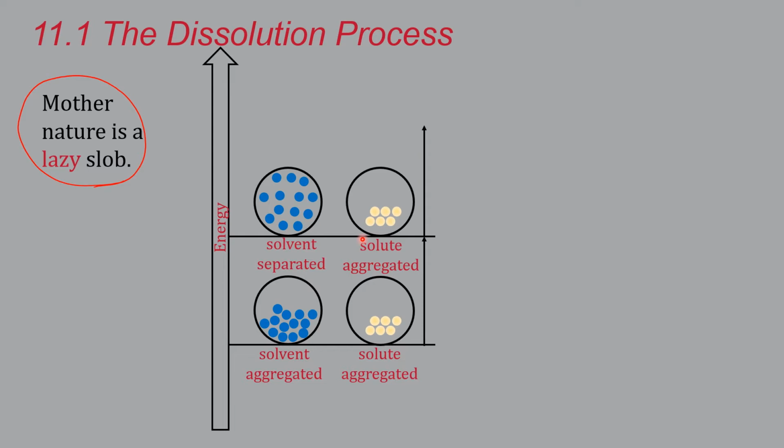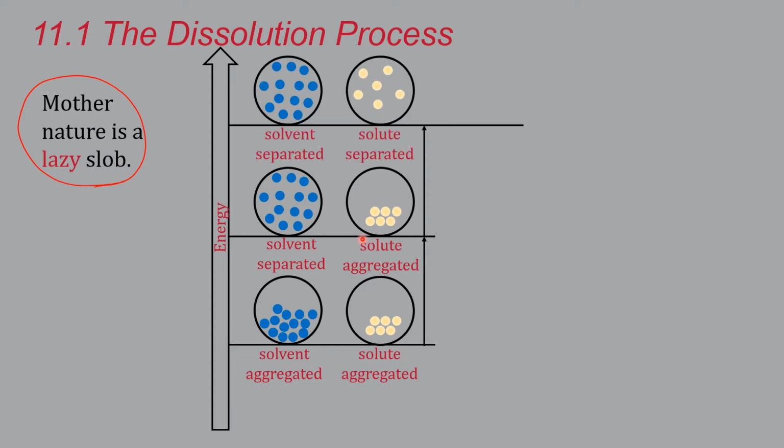The next step, we're going to bust apart the solid solute. Now, both of these required energy to do so. In all of these cases, we were overcoming an attractive interaction that's going to require energy. So we had to put in energy to get the solvent apart and then put in more energy to get the solute apart. This is not necessarily to scale.